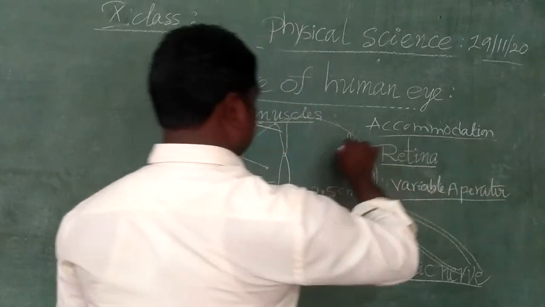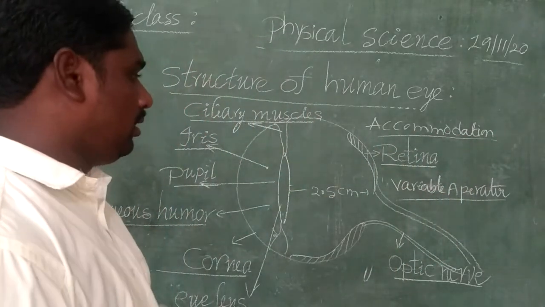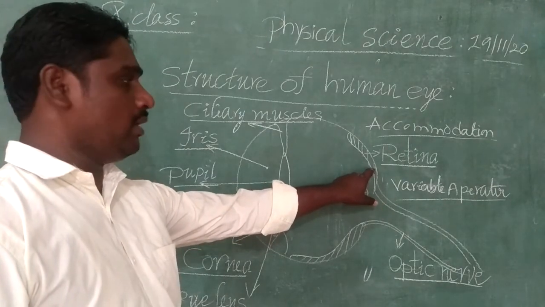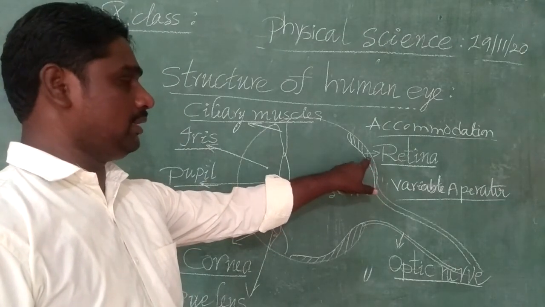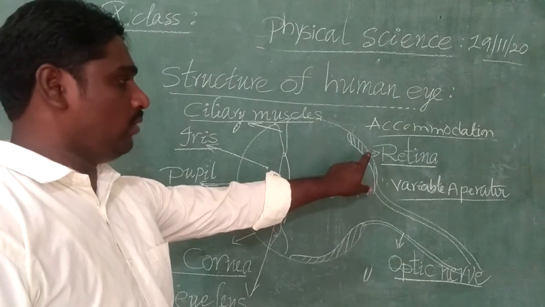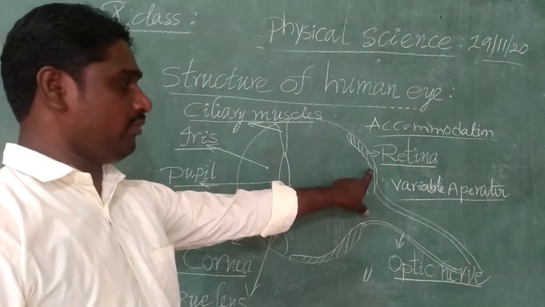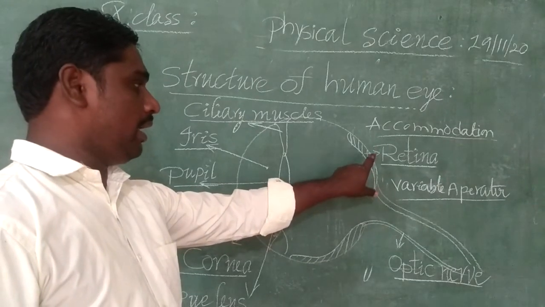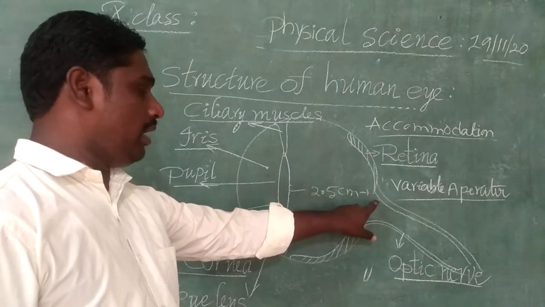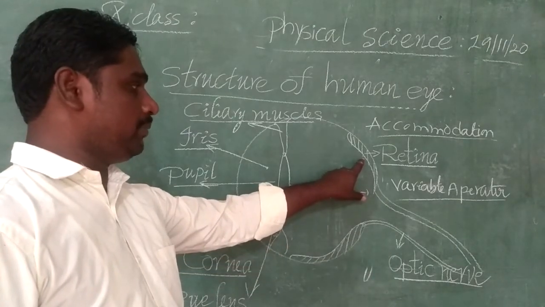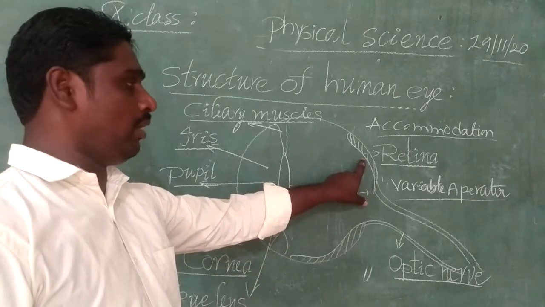The retina is a delicate membrane. It has about 125 million receptors called cones and rods. Cones identify colors. Rods identify the intensity of light. These receptors sense light signals from the object.